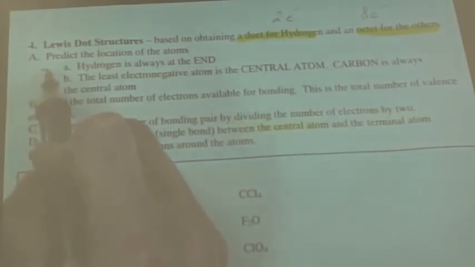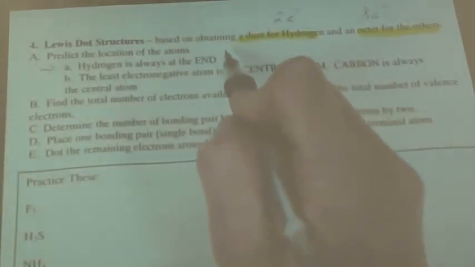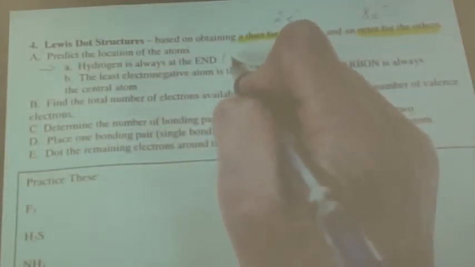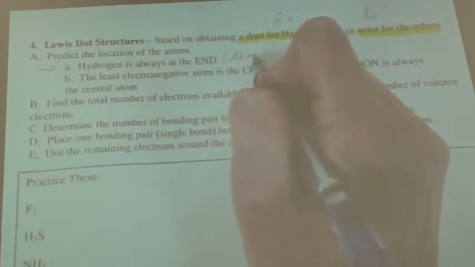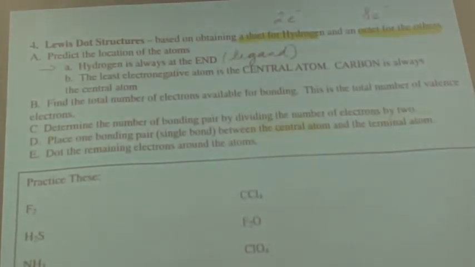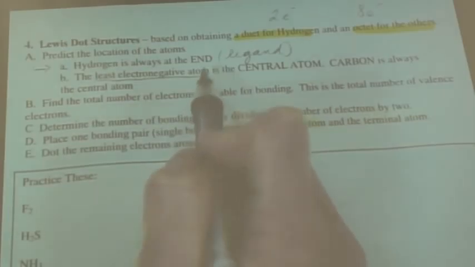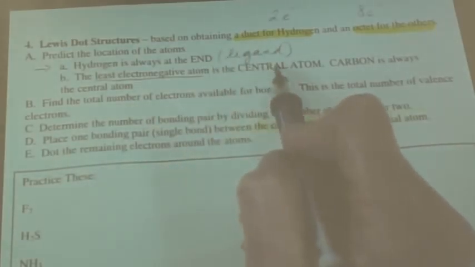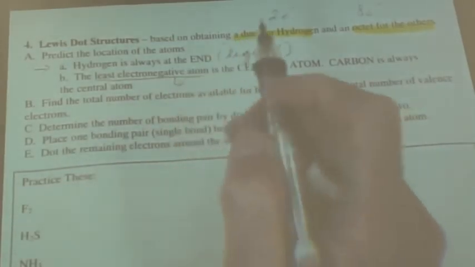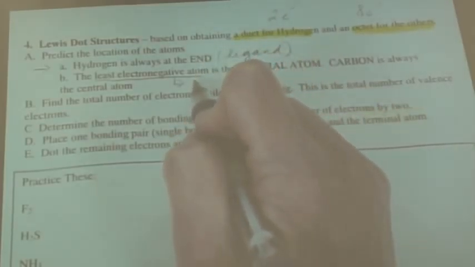First of all, you have to predict the location of all the atoms in the molecule. Here's a rule for you. Hydrogen is always at the end. A fancy way of saying at the end is it is a ligand. Hydrogen is always a ligand. The least electronegative atom is the central atom. I will break this rule for symmetry.